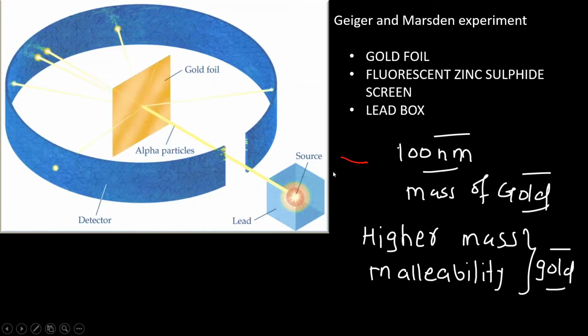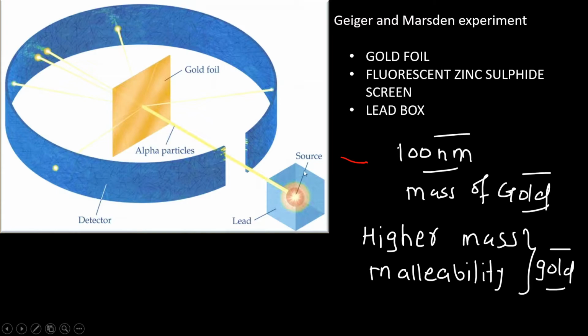This gold foil was covered by a circular fluorescent screen of zinc sulfide to detect the alpha particles scattered from the foil.